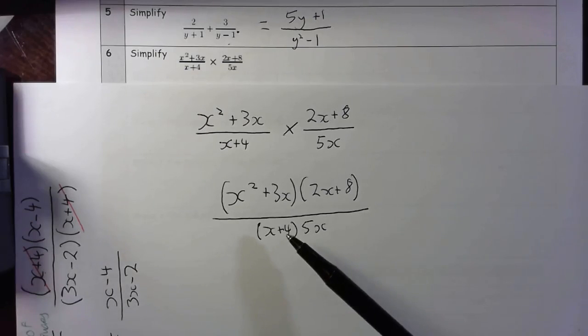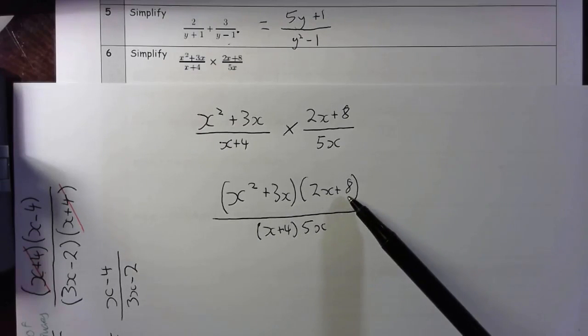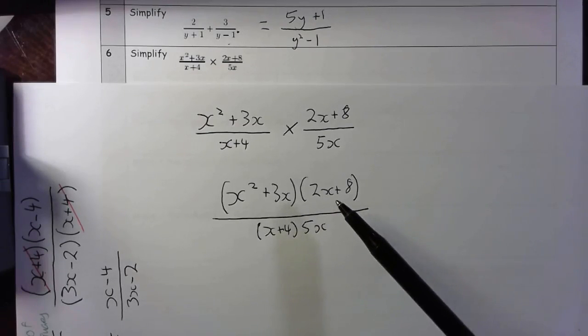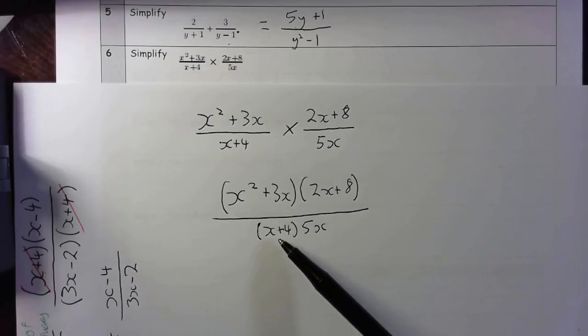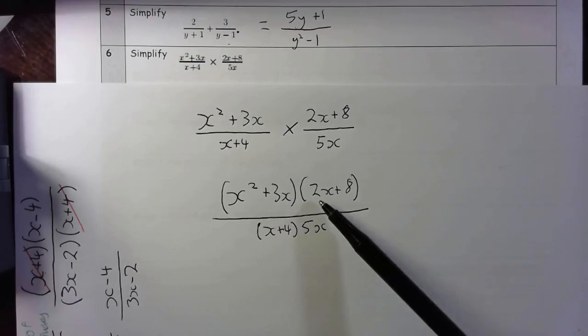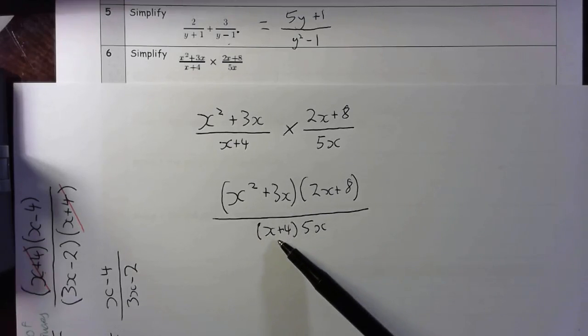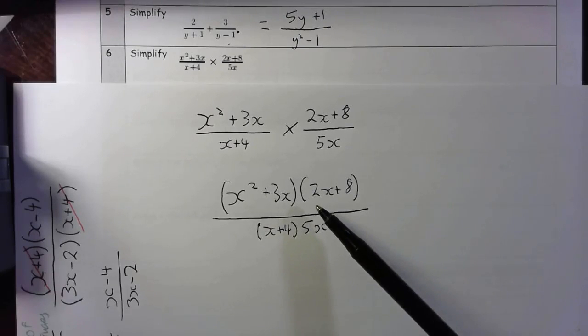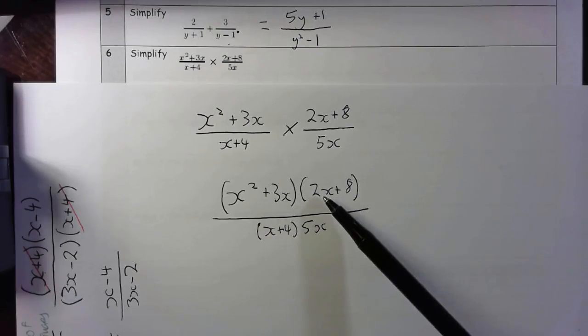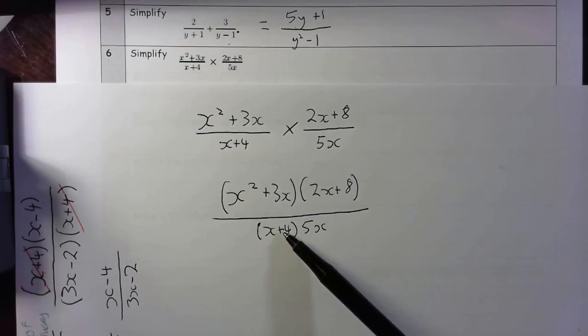And I can notice that 2x plus 8 is just 2 lots of x plus 4. So that's what the key step is, where I'm spotting that this is just a multiple of that one.